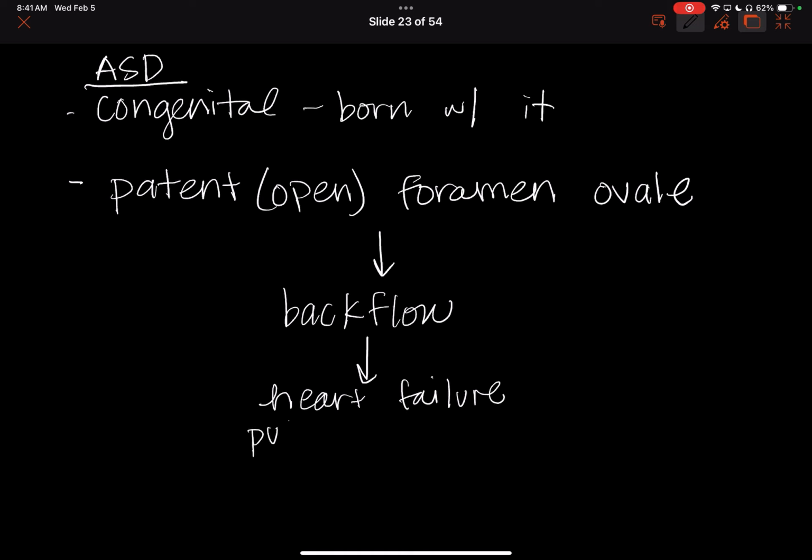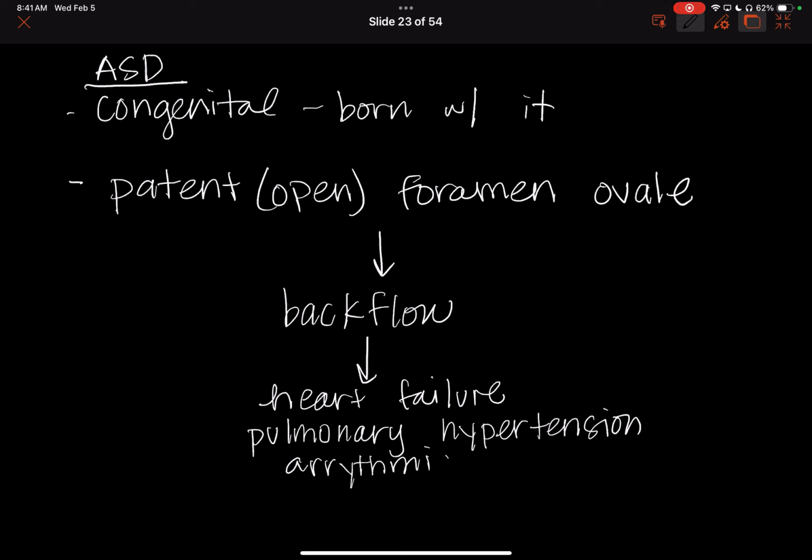You can have what's called pulmonary hypertension, where there's a backup of blood to the lungs. It can cause arrhythmias. And then it can also cause stroke from the lack of oxygen to the brain.